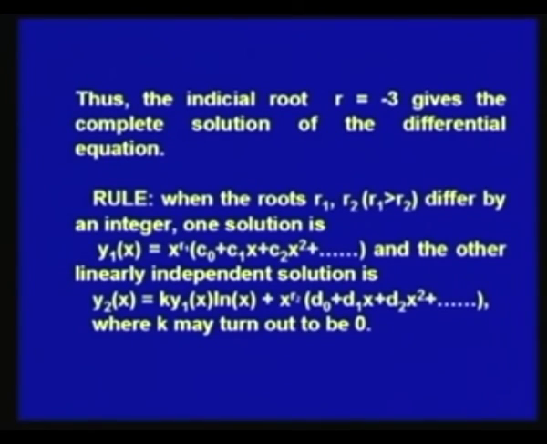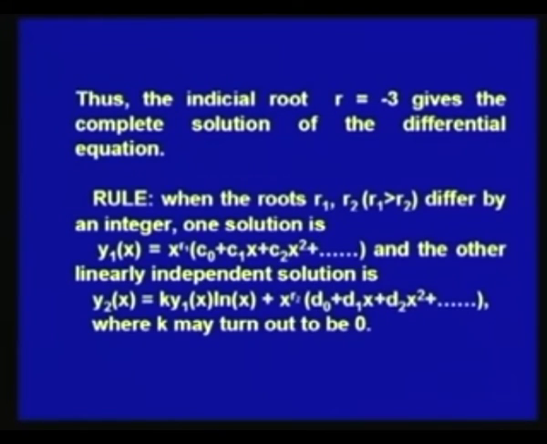When the roots r1 and r2 of the indicial equation differ by an integer, then one solution of the differential equation is given by y1(x) equal to x to the power r1 into (C0 plus C1x plus C2x square and so on), and the other linearly independent solution is given by y2(x) equal to k times y1(x) into ln x plus x to the power r2 into (d0 plus d1x plus d2x square and so on).